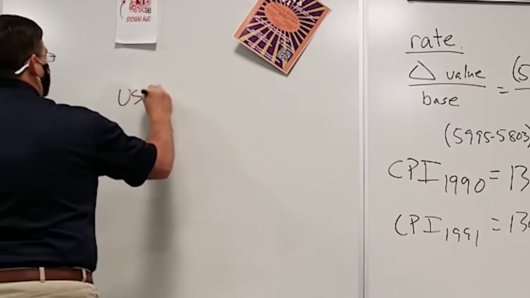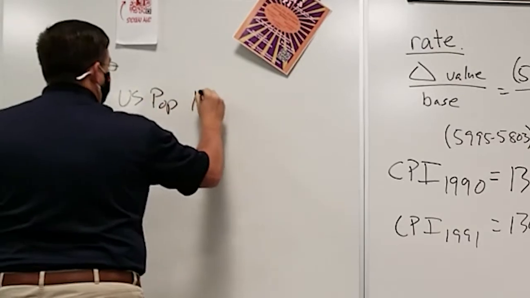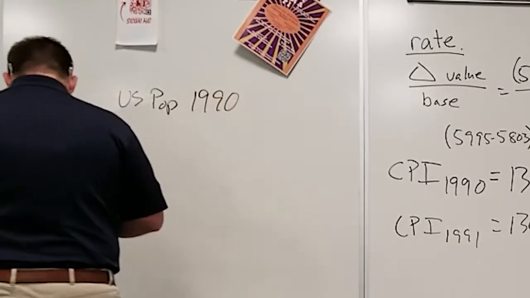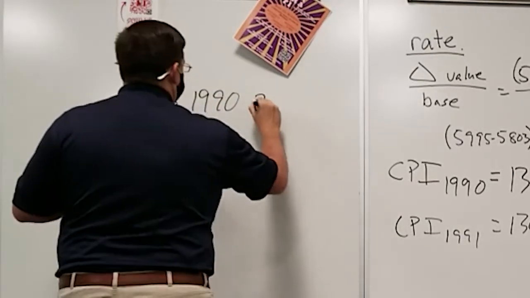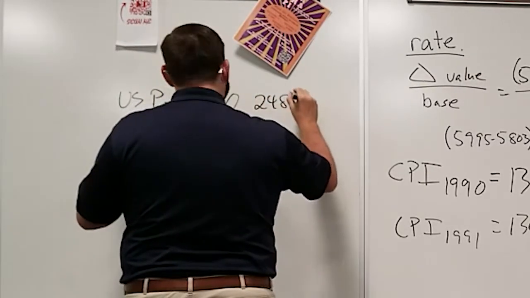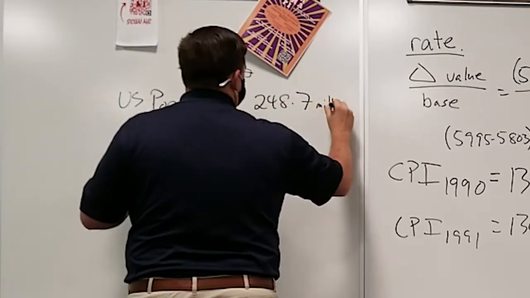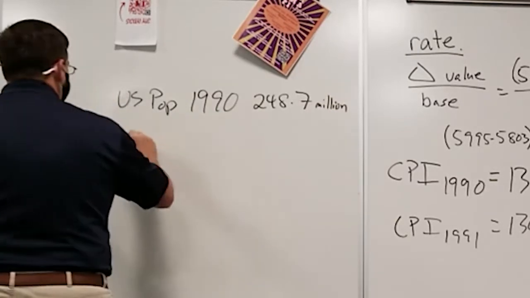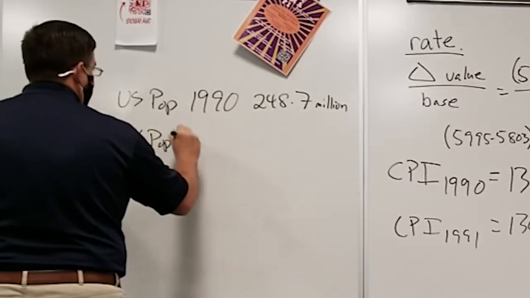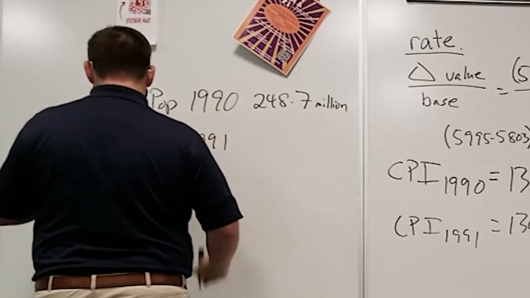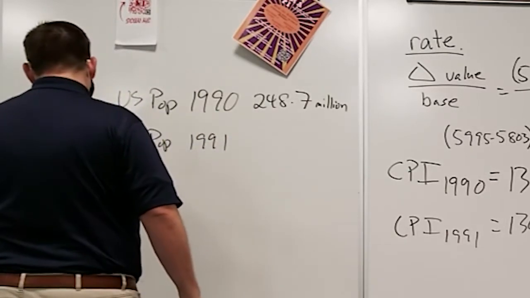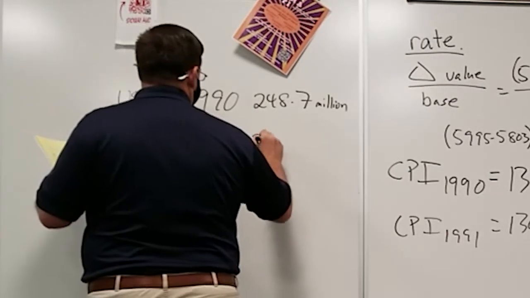So the U.S. population in 1990 was 248.7 million. The U.S. population in 1991 was 253.5 million.